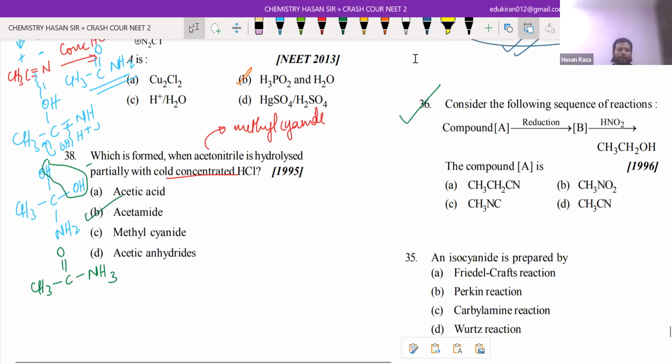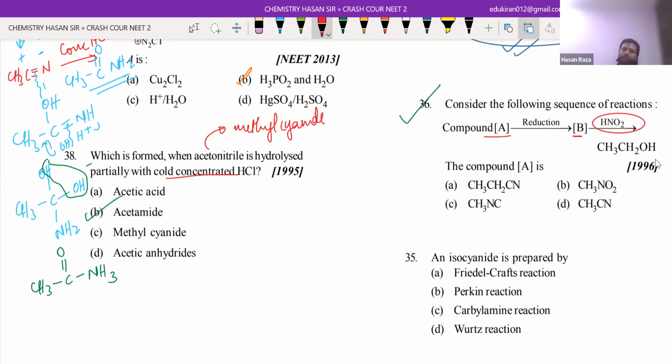Any answer for question number 36? Compound A is reduced, then we get B, and we react this with HNO2, nitrous acid, then you are getting alcohol. If you are not able to solve it, just let me know.